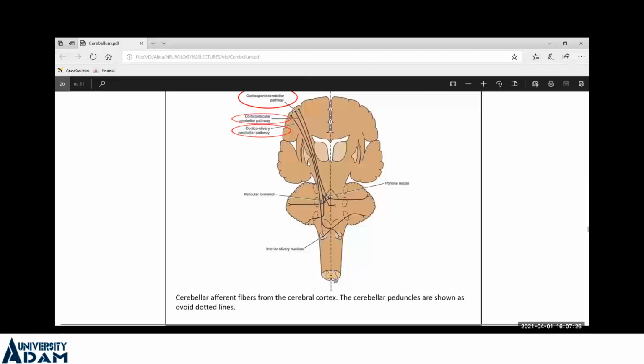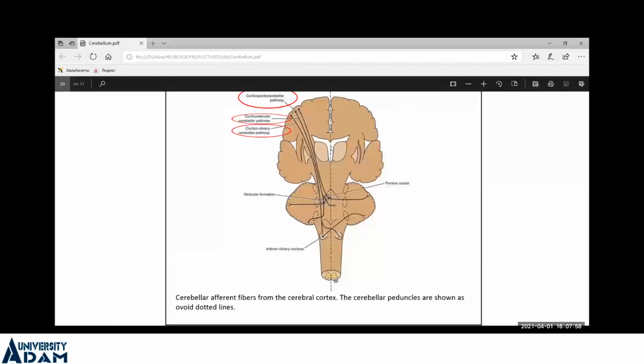And what was here, guys? Internal capsule, right? Do you remember? Because a lot of pathways go through the internal capsule, right? Guys, I explained the internal capsule in the last lecture. Please revise, okay? Internal capsule, anatomy of cerebellum, anatomy of basal ganglia, all anatomy of the nervous system.